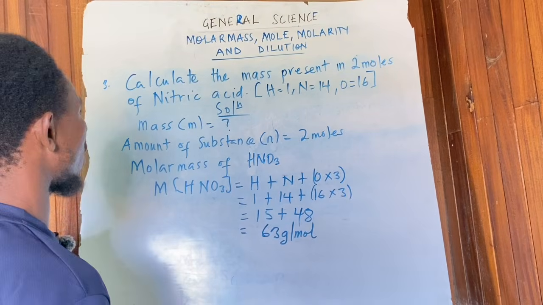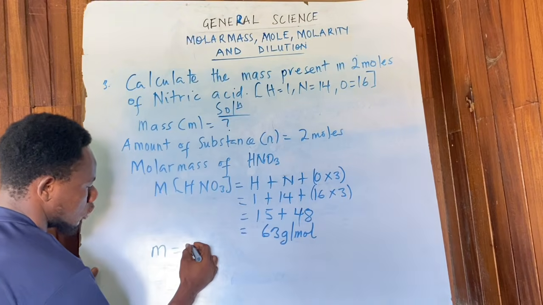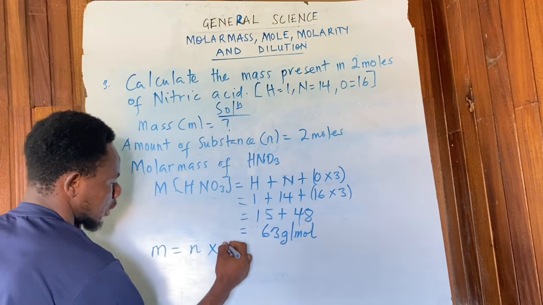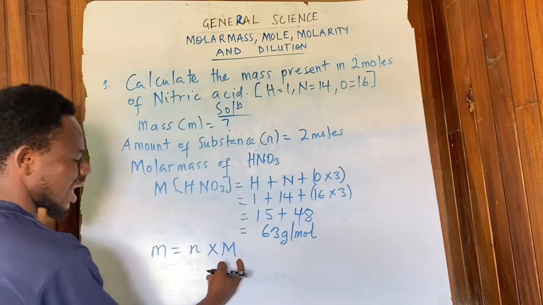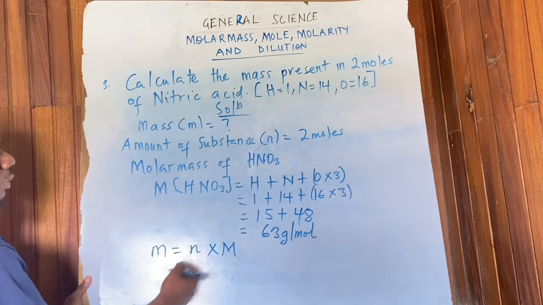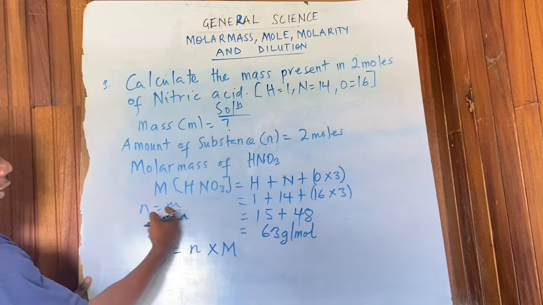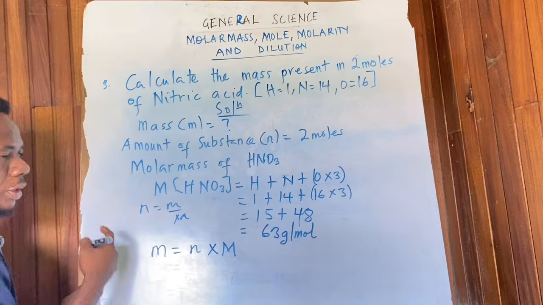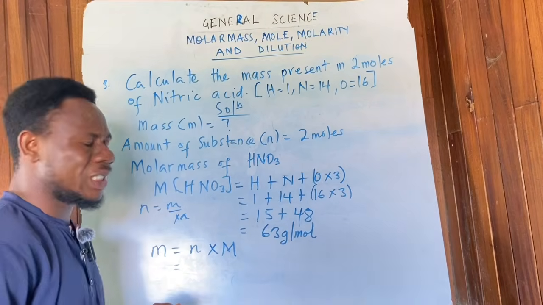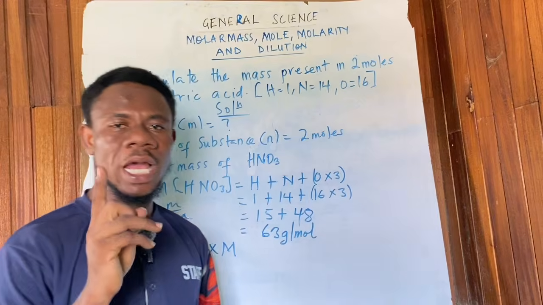We have to find our mass. Don't forget, our mass is equal to n times big M. I'm sure you now know how this came about, because n is equal to small m over big M. If you want to find this m, we multiply by big M. So please, if you interchange small m and big M, you are going to get a different answer.